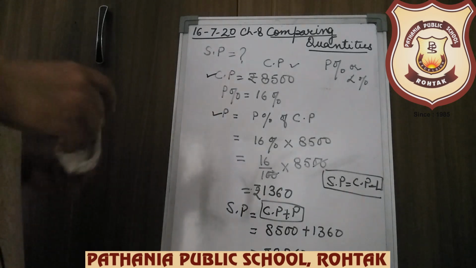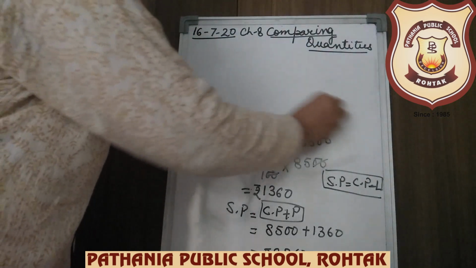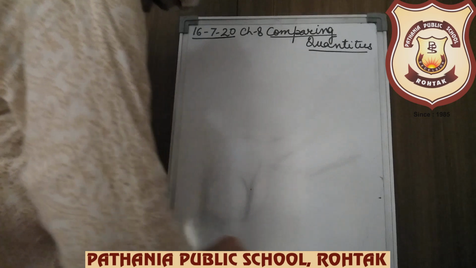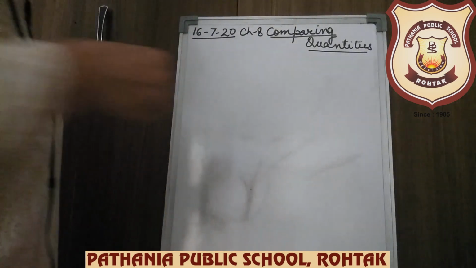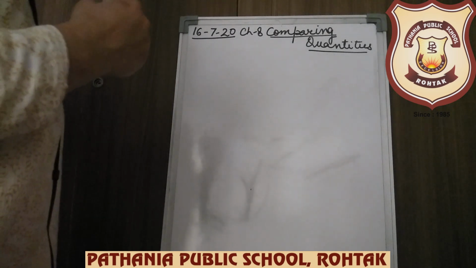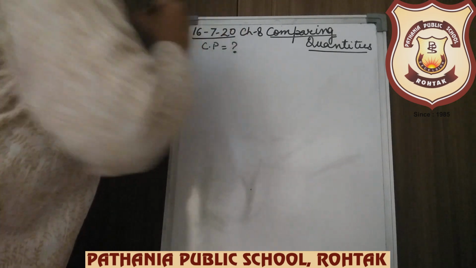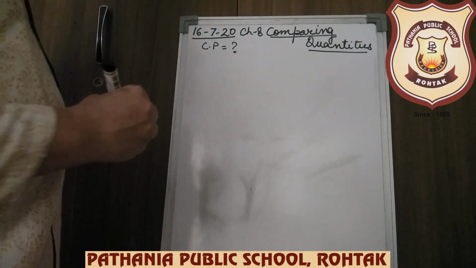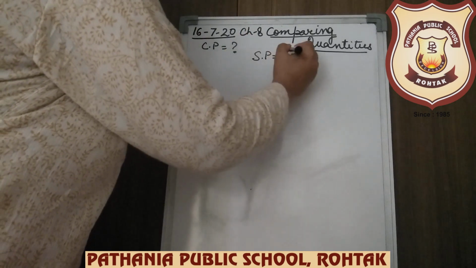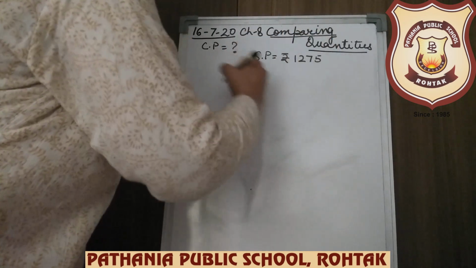Now another topic here is how to find the cost price when you are given the selling price. Now you have to find the cost price. SP is given as, suppose, rupees 1275.